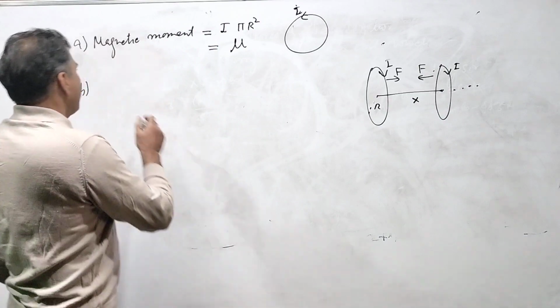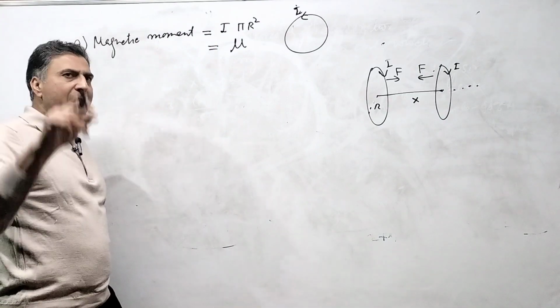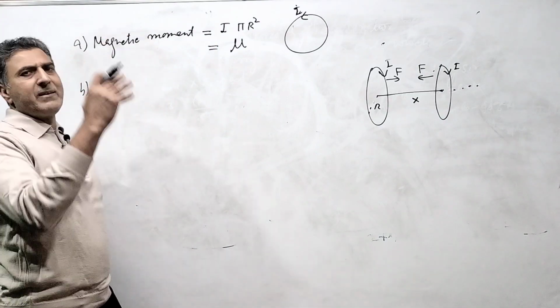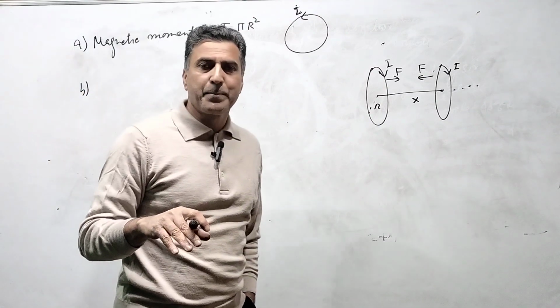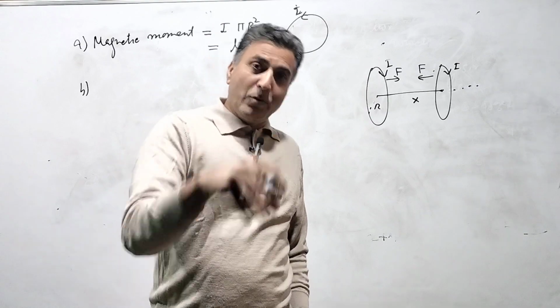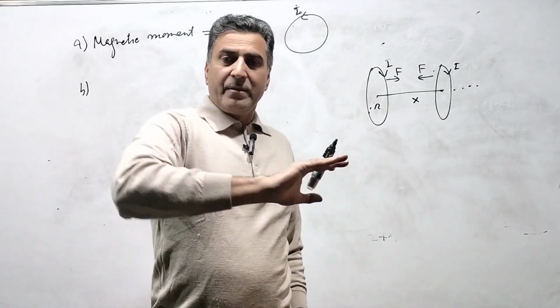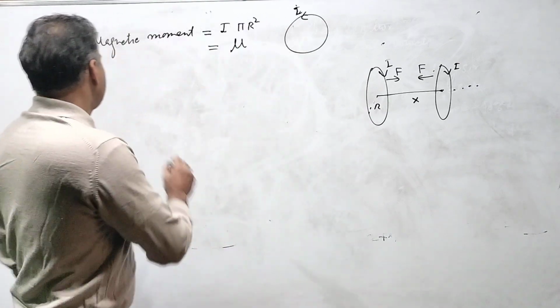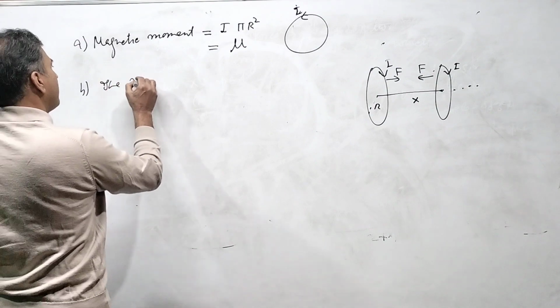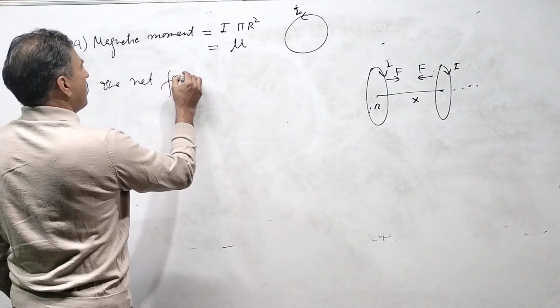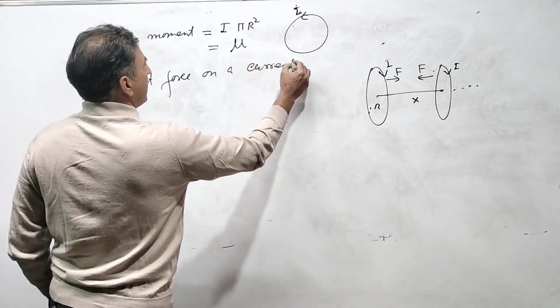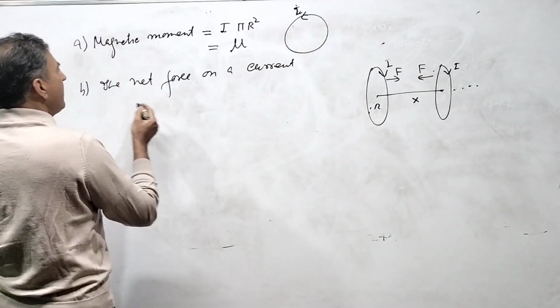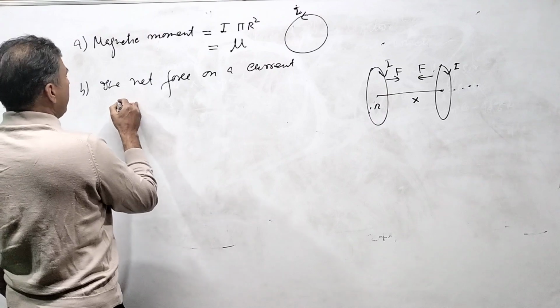You must remember, if a complete circuit, a current carrying coil or a complete arbitrary circuit, is placed in a uniform magnetic field, the net force on that is zero.